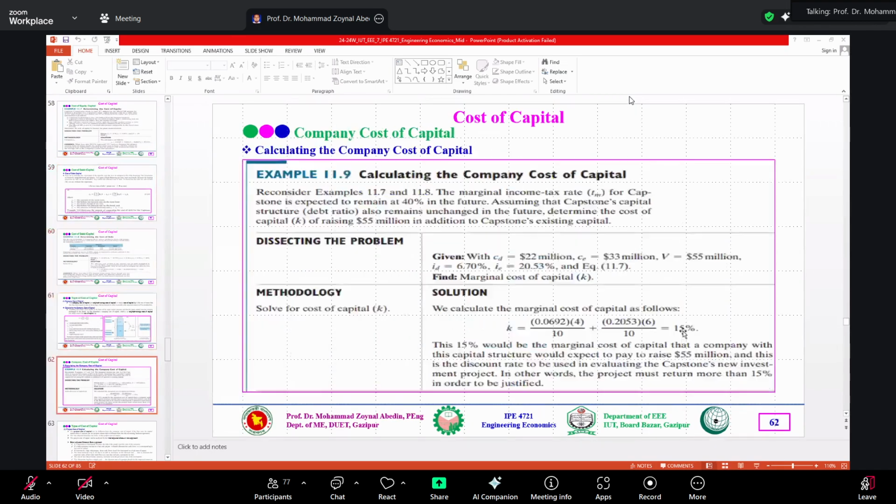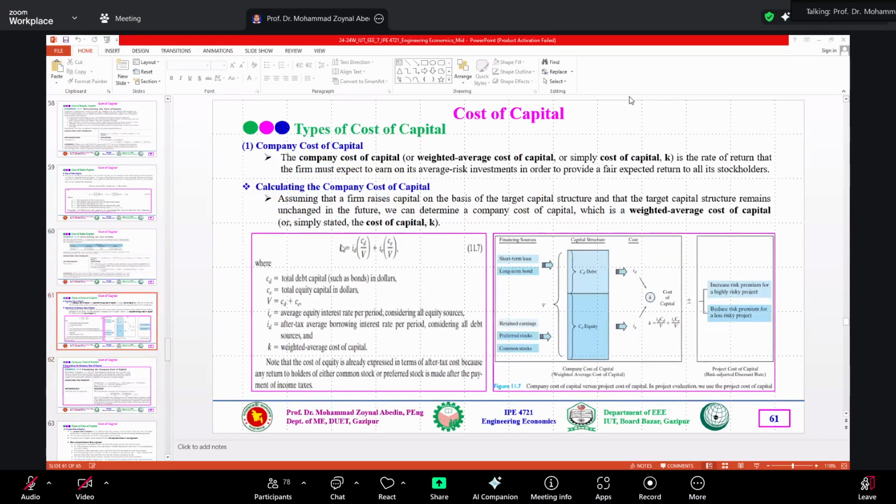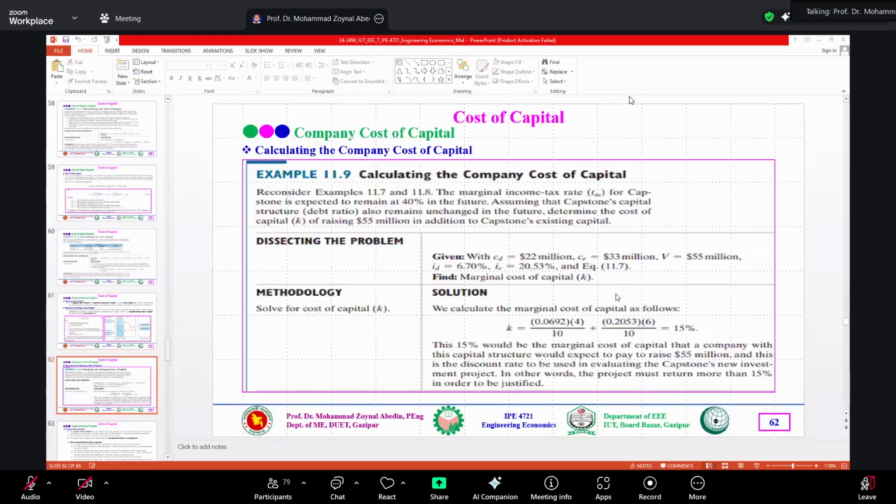Finally, we have to calculate the marginal cost of capital, meaning the total company cost of capital, K. Now you just have to write the equation: K equal to ID CD by V plus IE CE by V. Then put the values, and you get 15%.